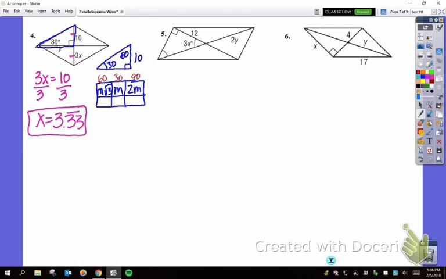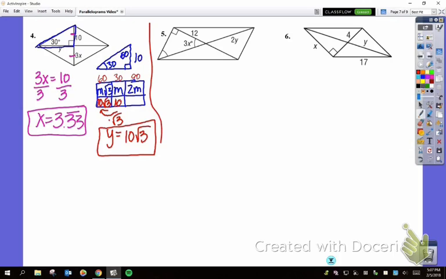And they give us the part that's across from 30, which means they give us Baby Bear. Now, when we have the baby and we want to go to mama, we are getting bigger. So we want to multiply times the square root of 3, and we're going to end up with y equals 10 square roots of 3. I told you that triangle stuff wasn't going away, and it's not.